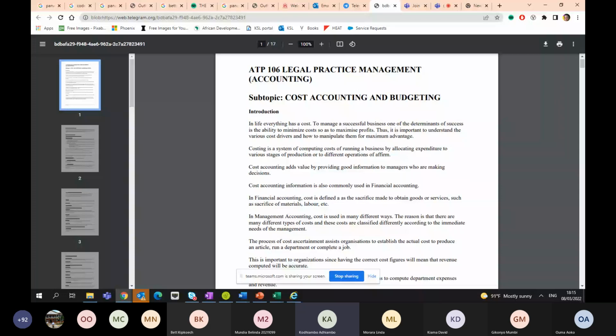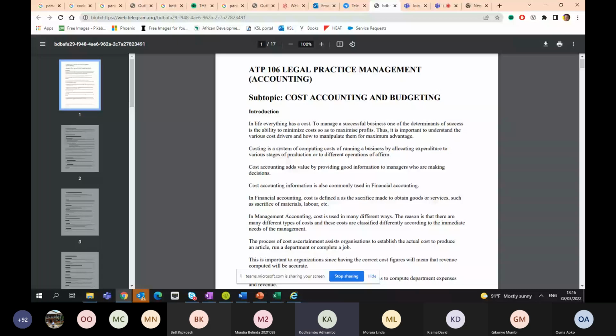But now when you go to management accounting, let's use an example: I know that I spent, for instance, 1,000 shillings. But it's another thing to really know what is the cost of food in my house, or the cost of the person who cleans.